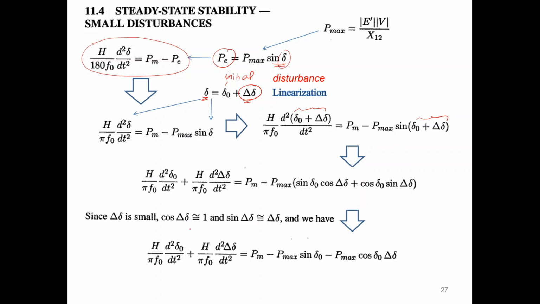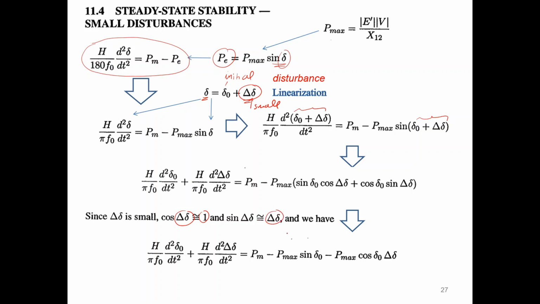We just expand the term and use the trig identity. We approximate the cosine of a small angle, because we assume that the disturbance is small. Cosine of a small angle is close to 1, and the sine of a small angle is approximately the same as the angle itself.